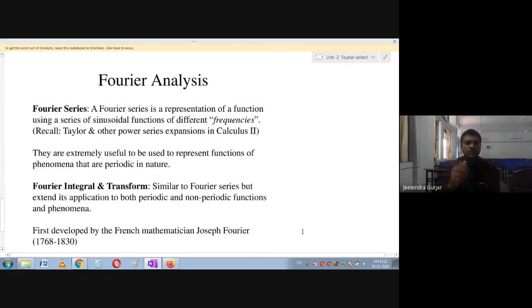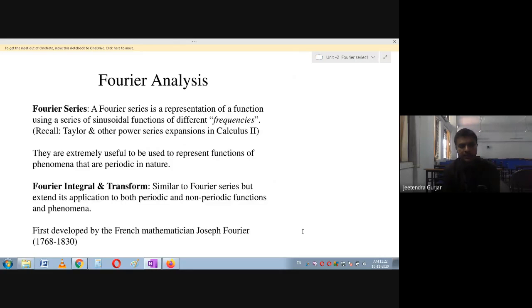Now let's go through the Fourier analysis. In this Fourier analysis, we come across the Fourier series. It means you are going to analyze how the functions act, how they differ, and what their uses, applications and significance are. We are going to analyze here using examples, students. First we'll go to the Fourier series.